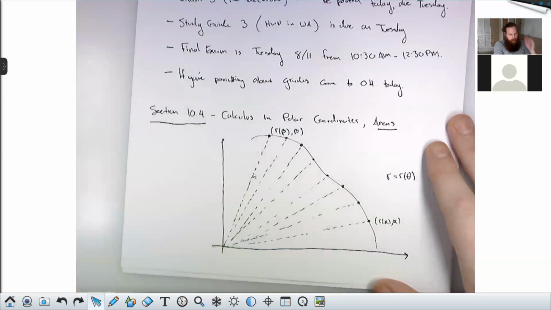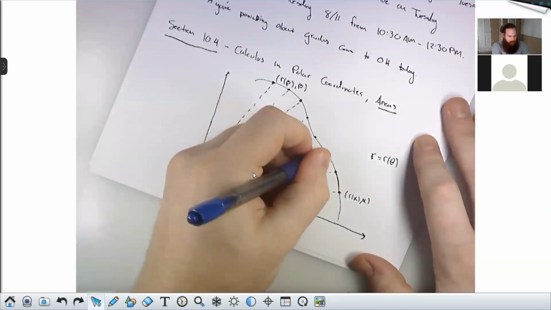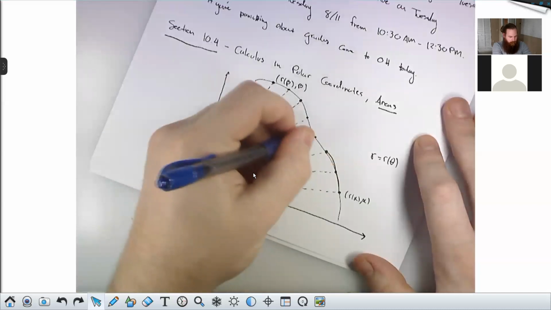All right. So something like this. And then each of these regions I approximate as being sectors of a circle.